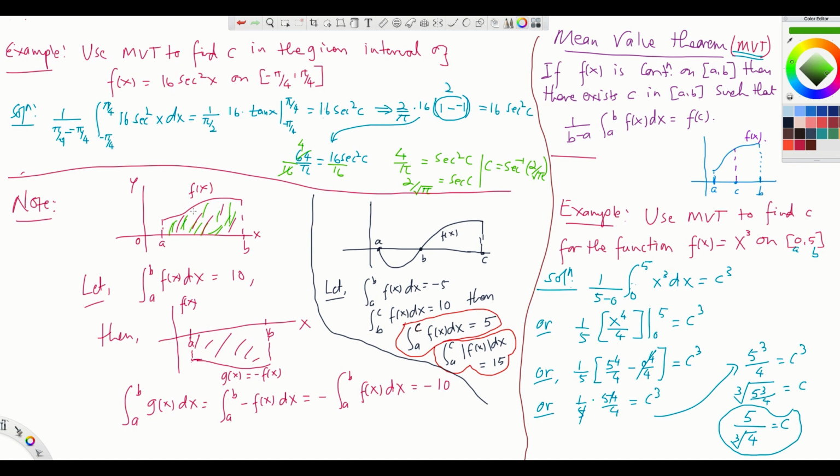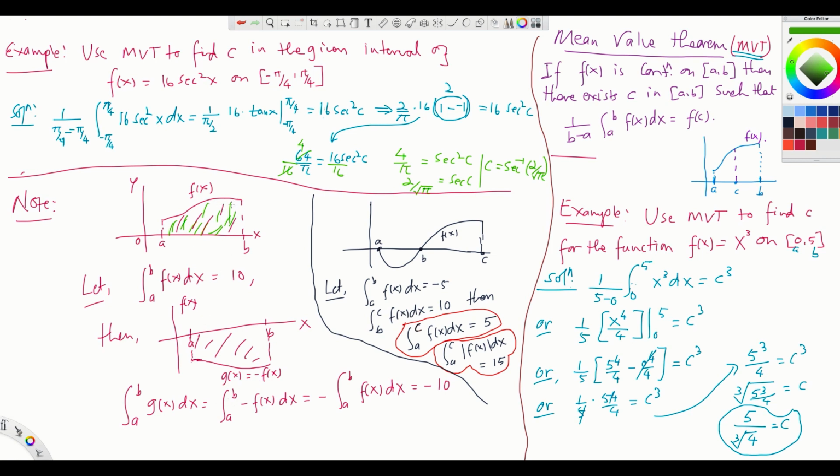Basically, if you are finding the integral of a function f of x under this curve and over the x-axis between a and b, then this is the area under the curve between a and b. Suppose this value, the integral or the area, is 10.